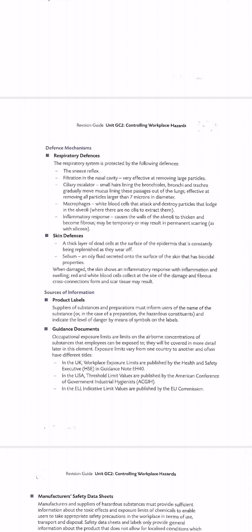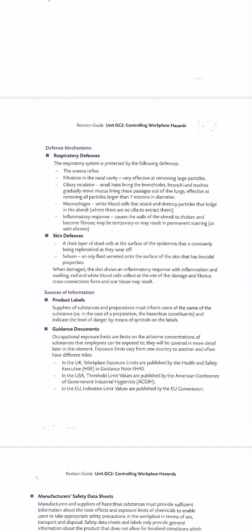Then point 2 is guidance documents. Occupational exposure limits are the limits on the airborne concentration of a substance that an employee can be exposed to. They will be covered in more detail later in this element. Exposure limits vary from one country to another and often have different titles, right?